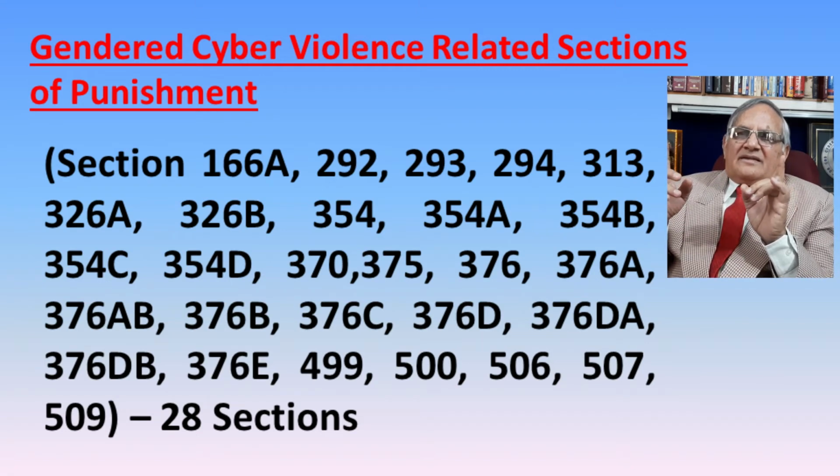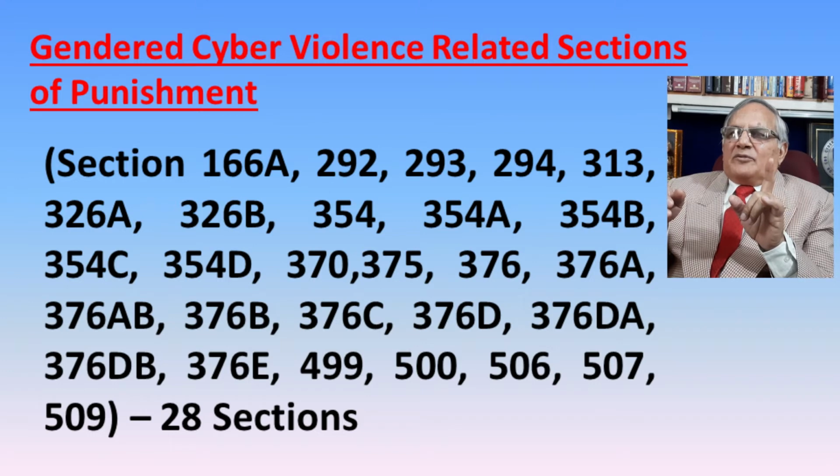Then section 354C, that is voyeurism. If any person watches or captures the image of a woman engaging in a private act in circumstances where she would usually have the expectation of not being observed, then it is an offense under section 354C.